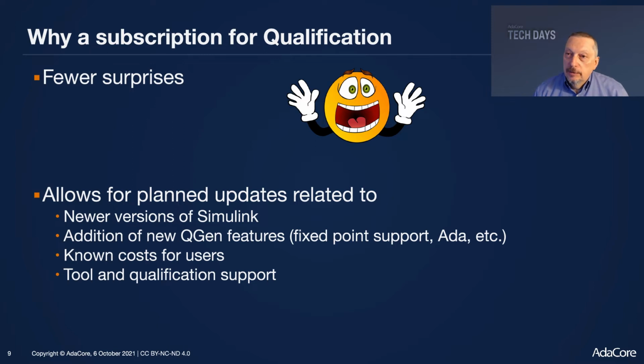This allows you to pick up new features as they're introduced, whether it's fixed point support, Ada, new extensions to Simulink blocks that are supported. So over time, your projects can evolve in a controlled manner and with controlled costs. And with the subscription, tool and qualification support is included.